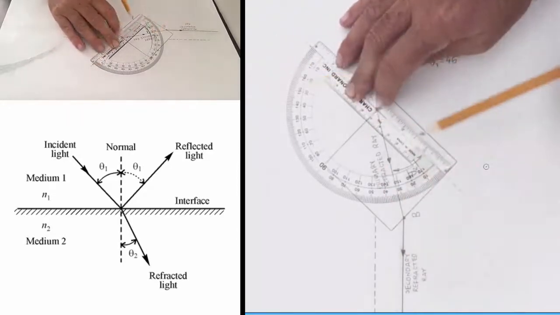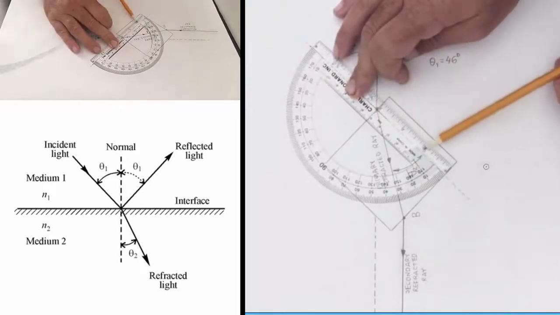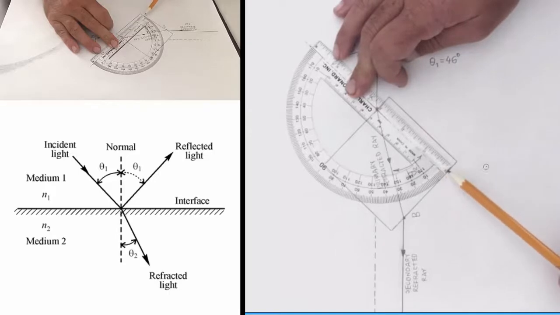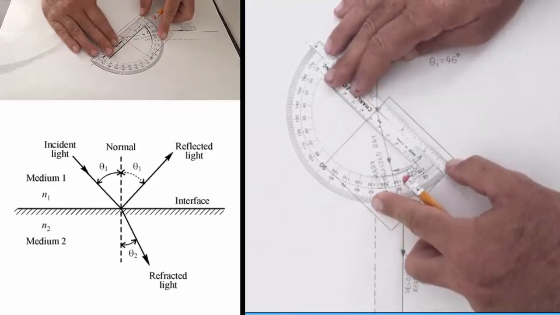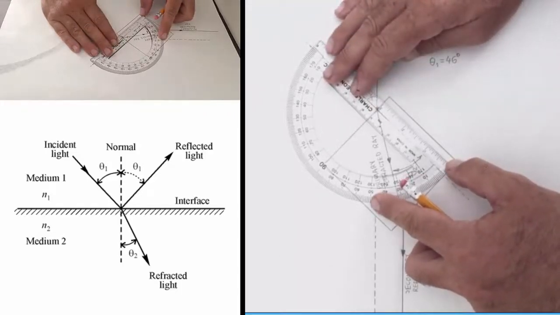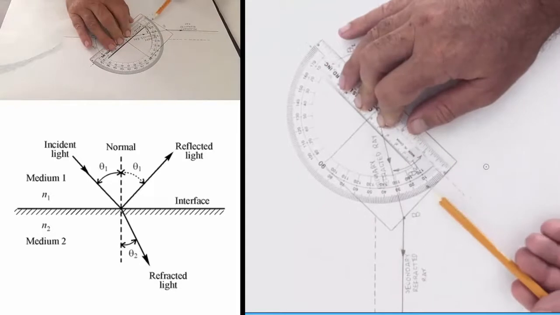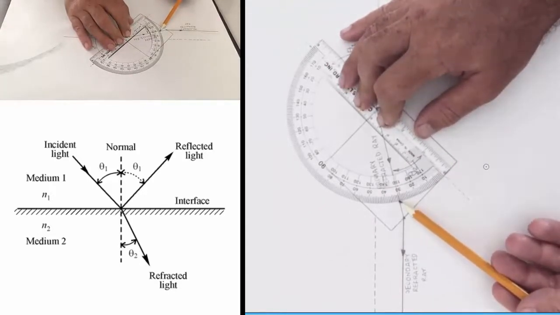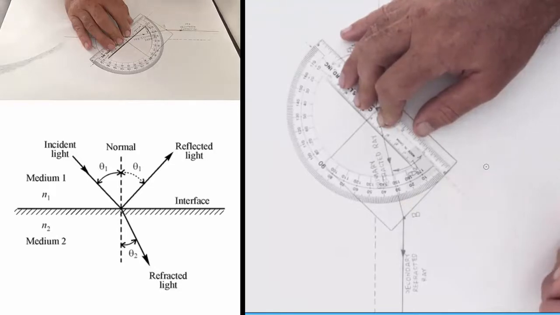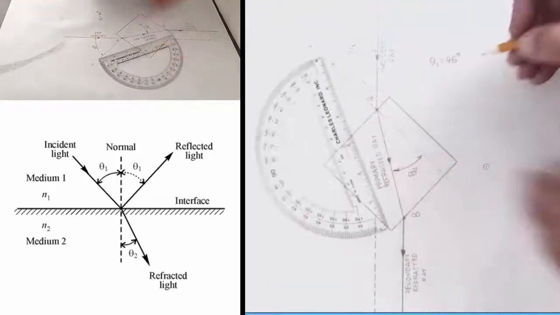As you can see here, the 0 line is aligned with our reference line, and then we measure this angle all the way up to there. Again, you use the scale that starts with 0. So it's 10, 20, around 30 degrees. So our theta 2 is going to be 30 degrees.